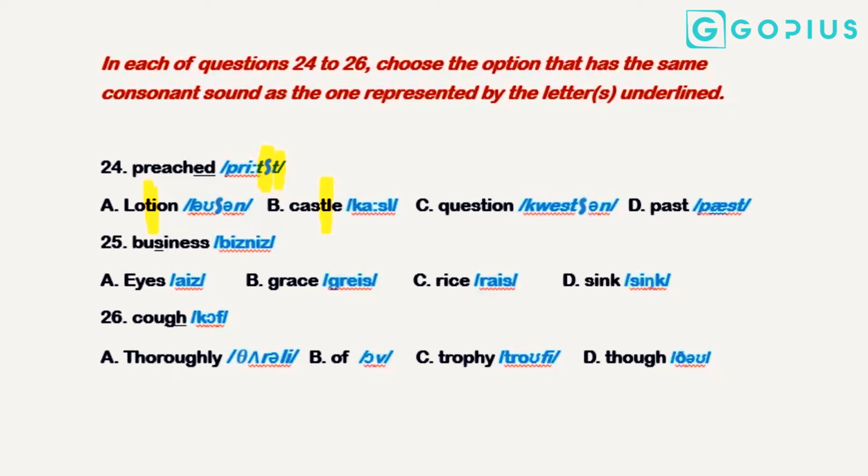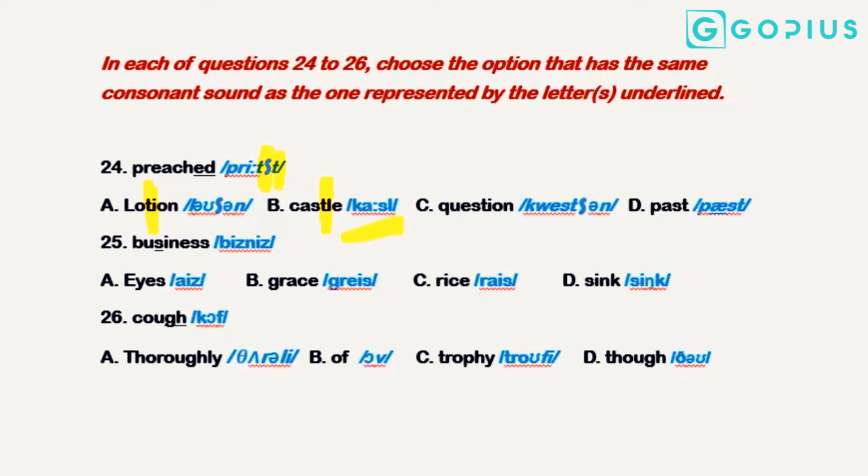It is one of the silent sounds that we learnt also. We learnt about lots and lots of silent sounds, and this is one of them, that even though it is here in the spelling, it is not there in the pronunciation. The t is silent, so it is castle, not castle with a t sound. So t is absent, as you can see.